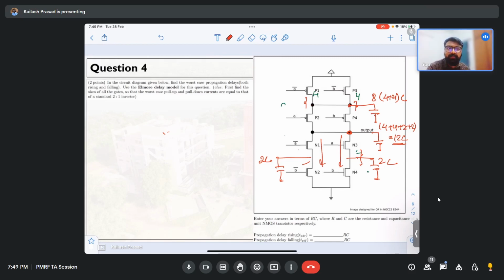It will make sure that it will be a worst case, because if you have two paths, it won't be a worst case. Now the question is, which path should I activate, this one or this one? Does anybody have the answer, or it doesn't make any difference? Any path you can take.